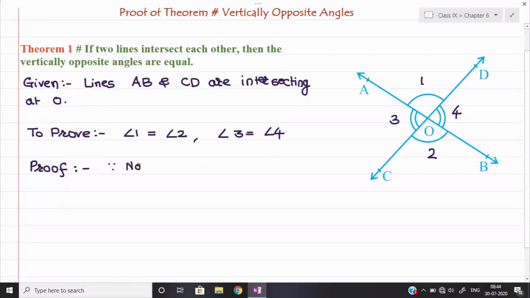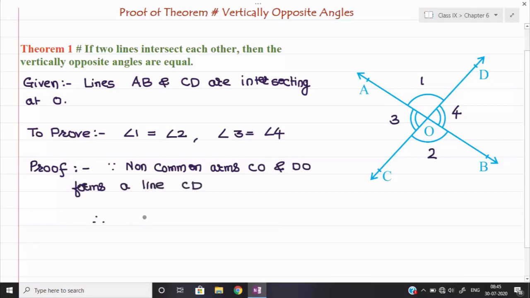Since non-common arms CO and DO form a line CD.